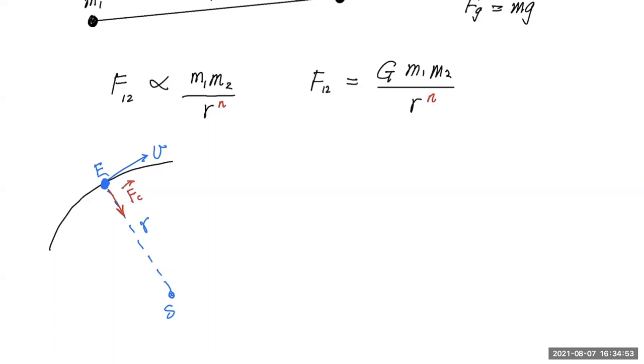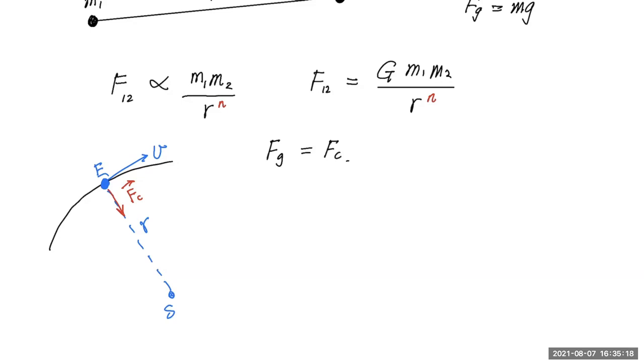But wait a second, who is providing the Earth with that centripetal force? Well, it's the gravitational pull from the sun to the Earth. So gravity provides the Earth with the centripetal force needed to move in a circle around the sun. That is the key idea here. Fg is Fc.